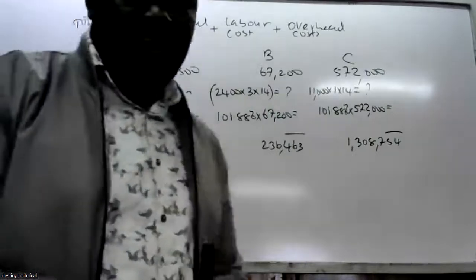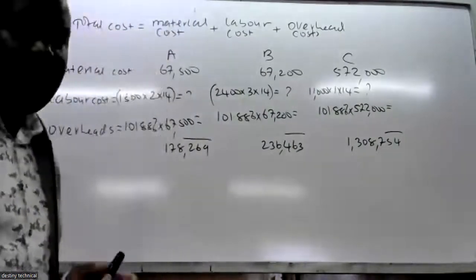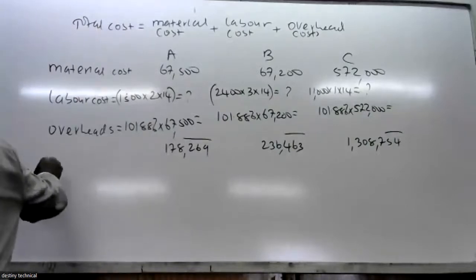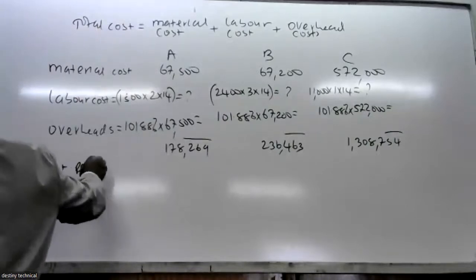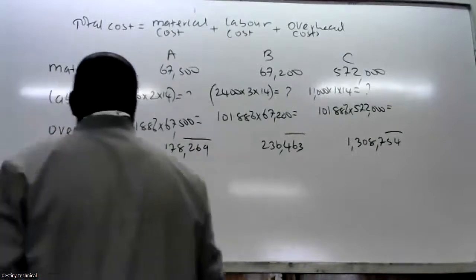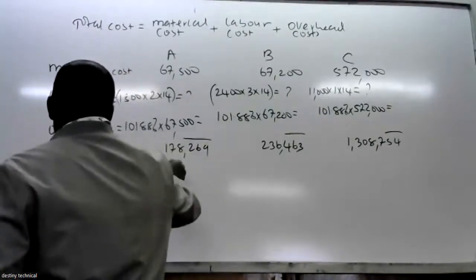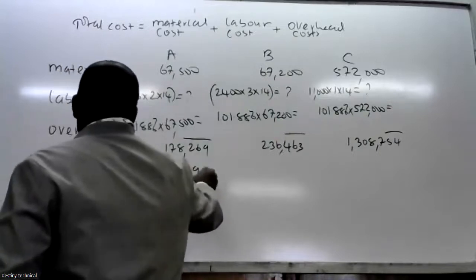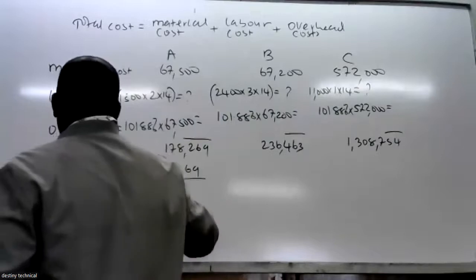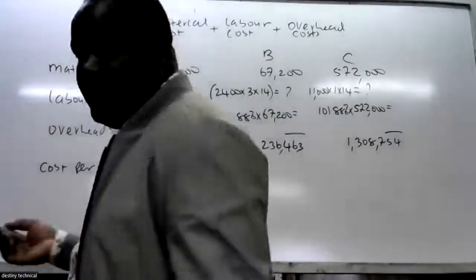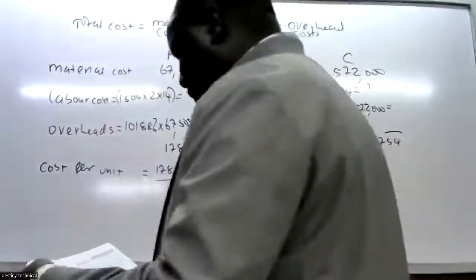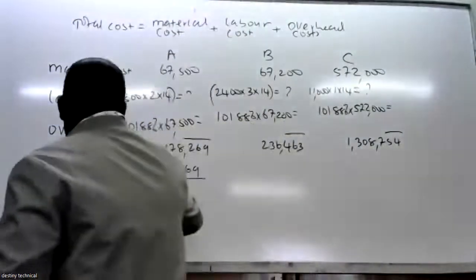So the question wanted you to get the cost per unit. So cost per unit will now be, for this one, 178,269. We divide by the number of units, which for A is 1,500.